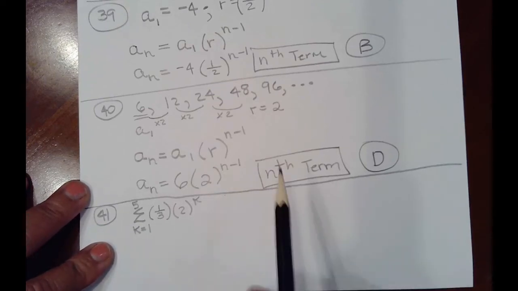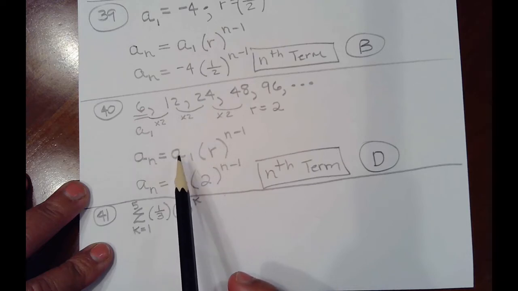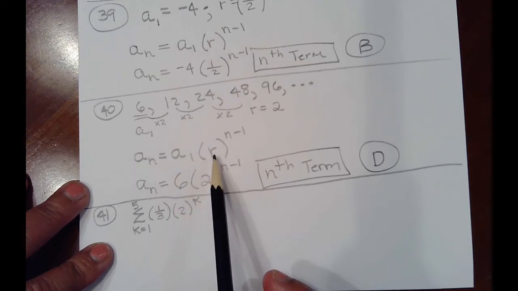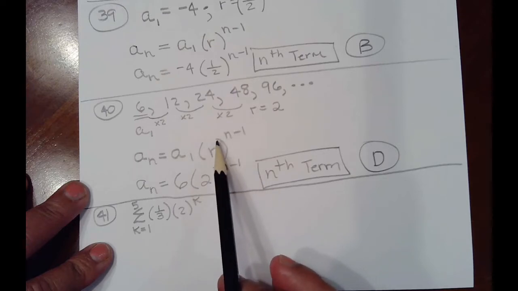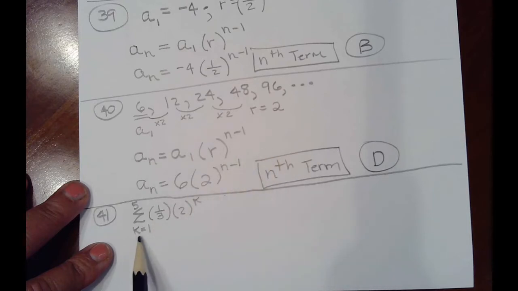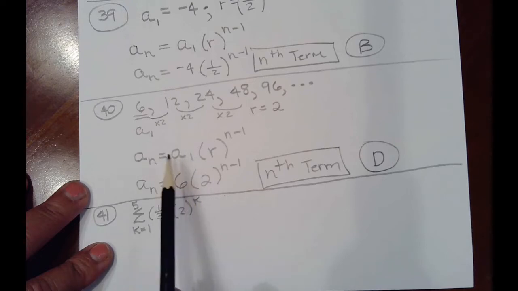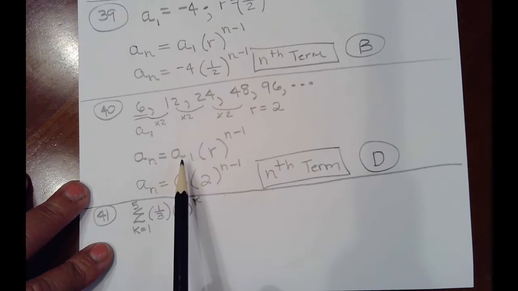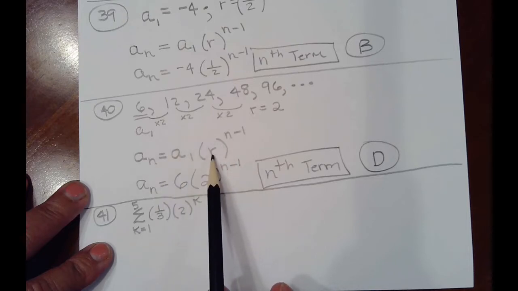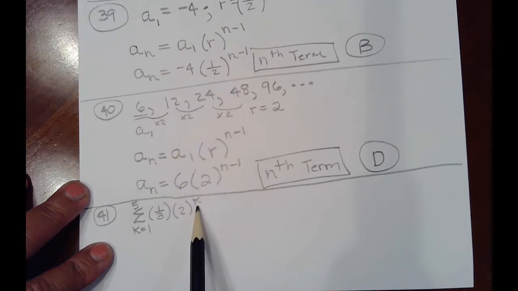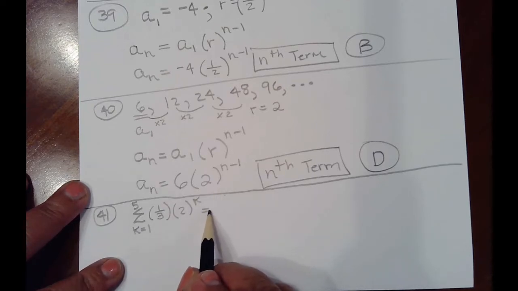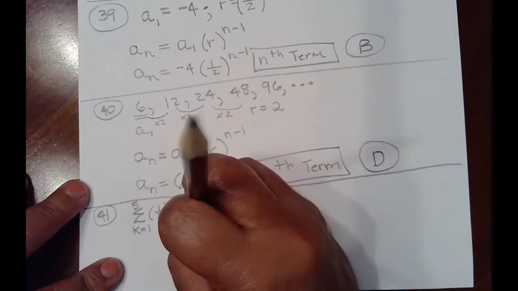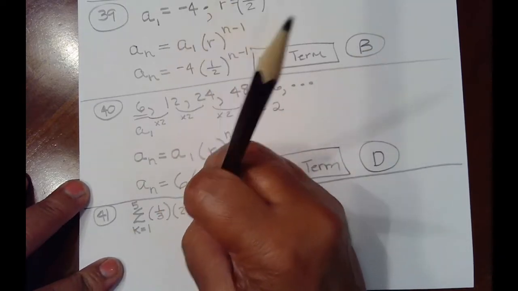If it's in this exact format, where you have the first value and then the r value raised to a power of some variable minus 1, it could be k minus 1, n minus 1, whatever the variable is that they're using down here, then you know it's in that format: a value right here, whether that be an integer or fraction or whatever, and then an r value, but the power should be n minus 1 rather than what you're seeing here. So let's list some of the values that come from this. So the very first value, I'm going to put some of my work right here.